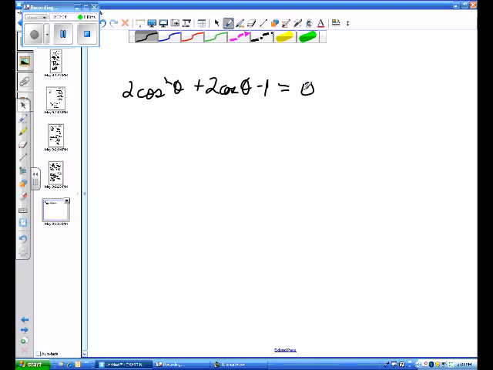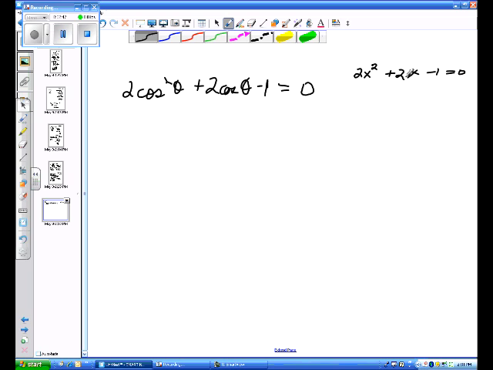Now, to use the quadratic formula, we want to have it in descending order in the form of a quadratic, ax squared plus bx plus c. The first few times I saw it this way, it intimidated me, and so I said, well, this is 2x squared plus 2x minus 1 equals 0.